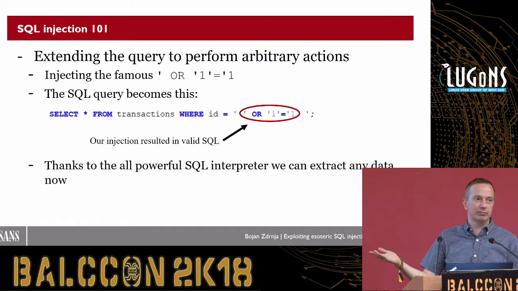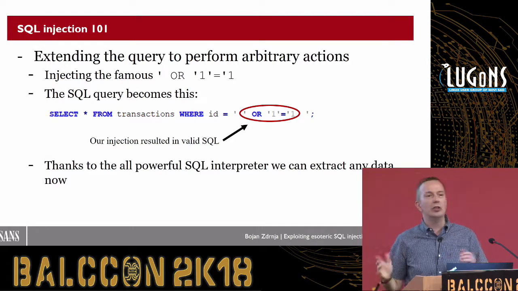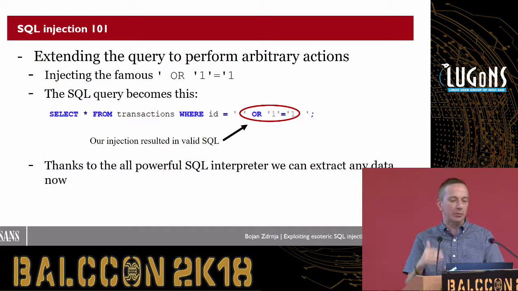It's true. So this will print back what? The whole table, because every single row will match: ID equals nothing or true. Everything is true. So we get back absolutely the complete table.